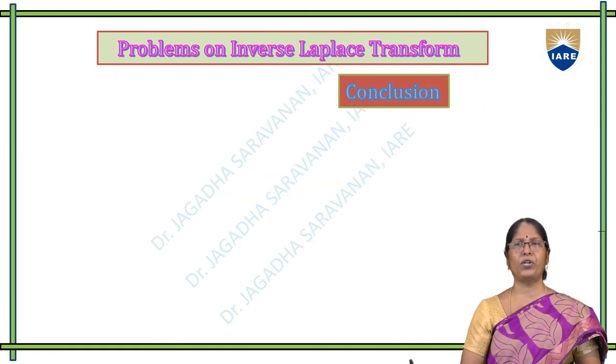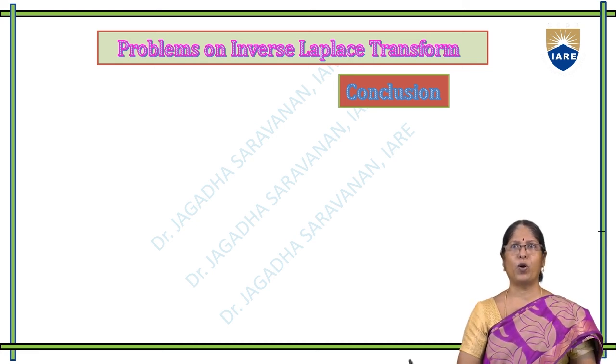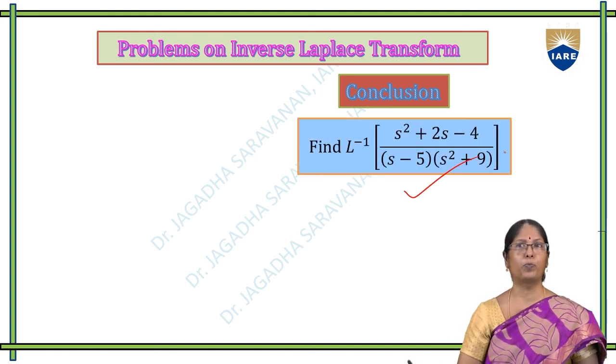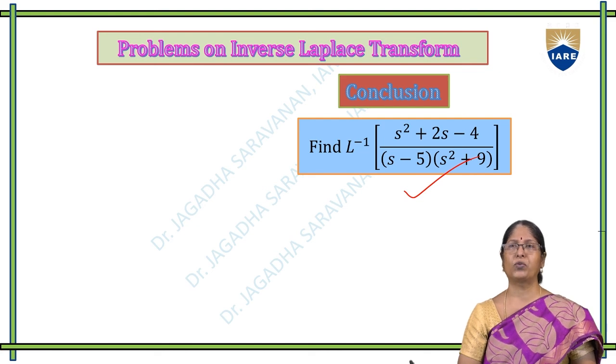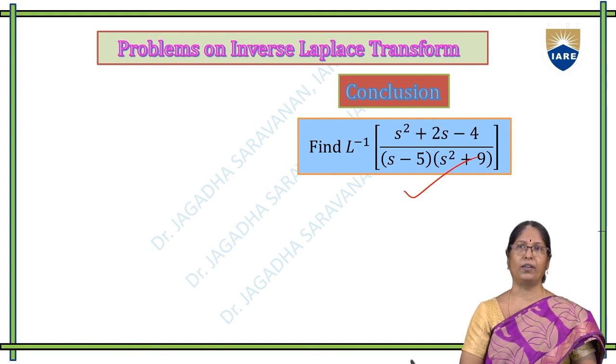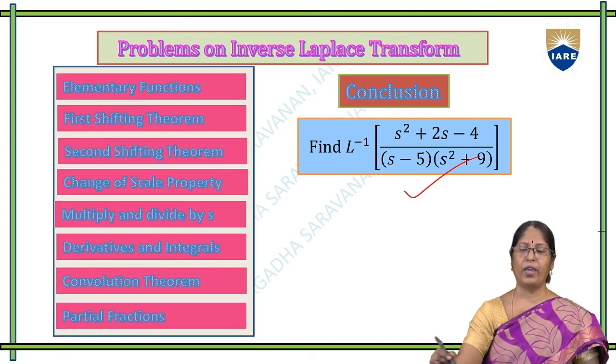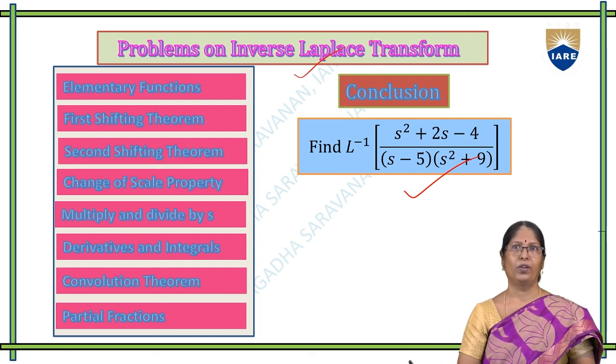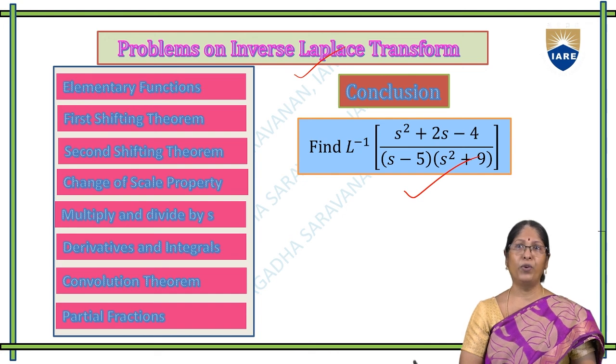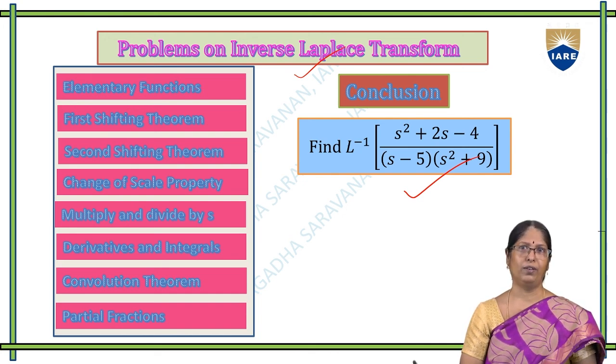We will come to a conclusion of this topic, problems on inverse Laplace transform. We have taken this problem: finding L inverse of s square plus 2s minus 4 divided by s minus 5 into s square plus 9. We have gone through it completely, recollecting all the problems related to inverse Laplace transform. By completely discussing why other formulas do not fit this particular problem, we increase our understanding level.